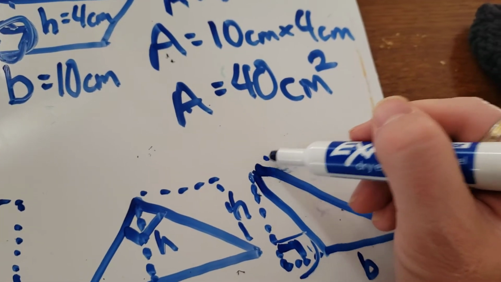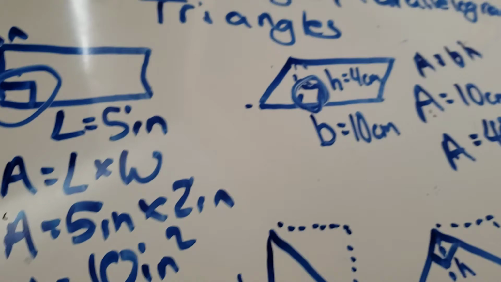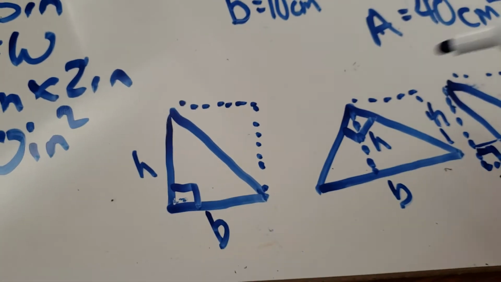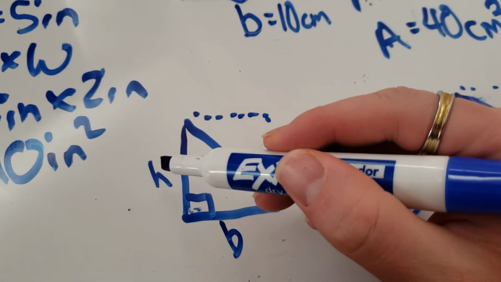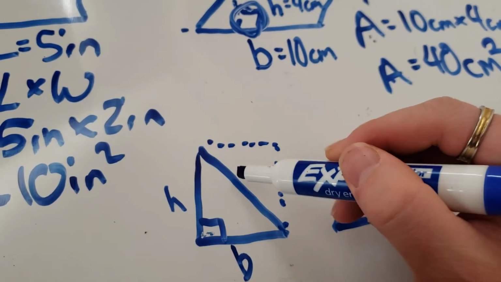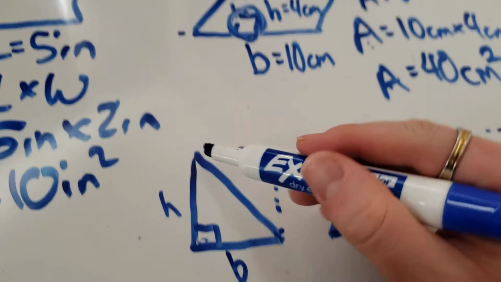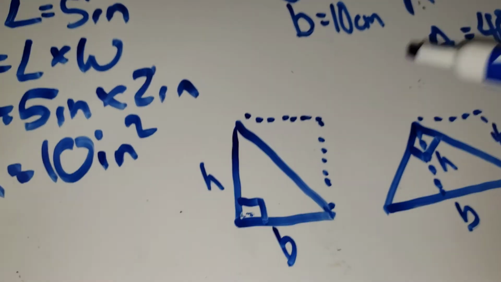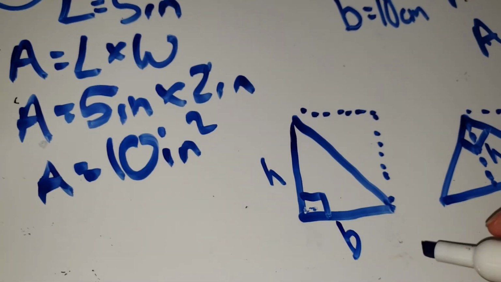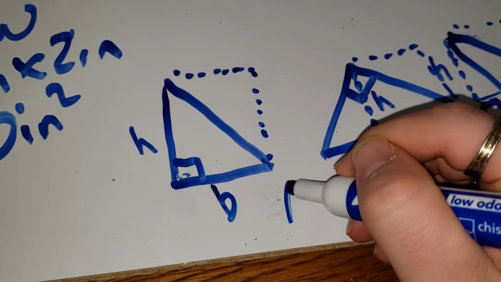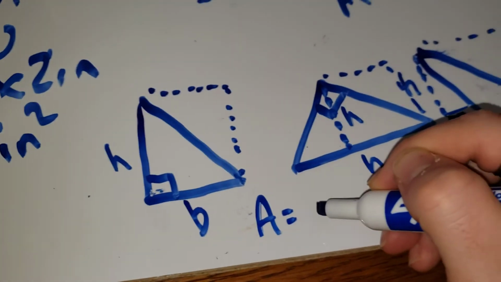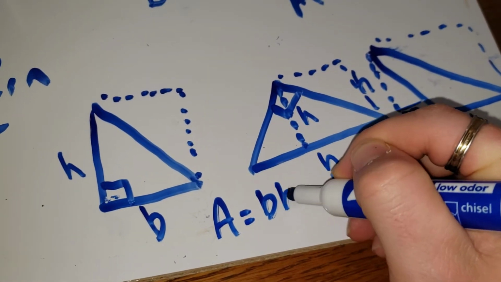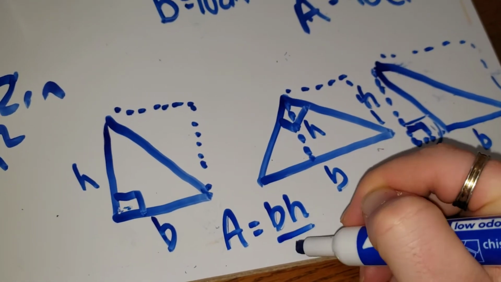Base times height, another parallelogram. So what we have to do is we actually have to take our base times our height and then divide it by 2, because this triangle is half of the parallelogram that it comes from. So for the area of a triangle, we've got to take our base times our height and divide it by 2.